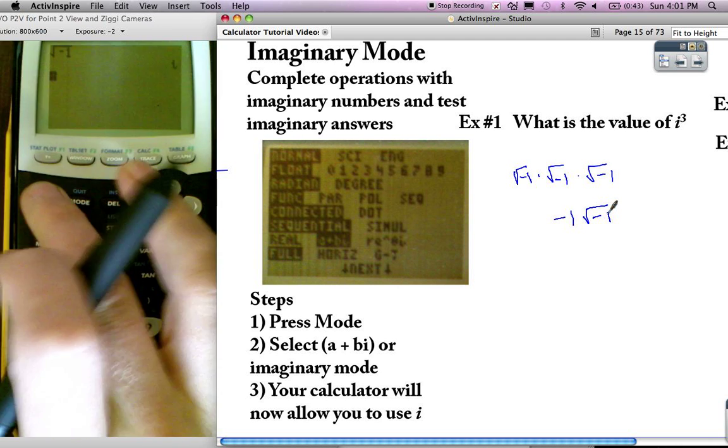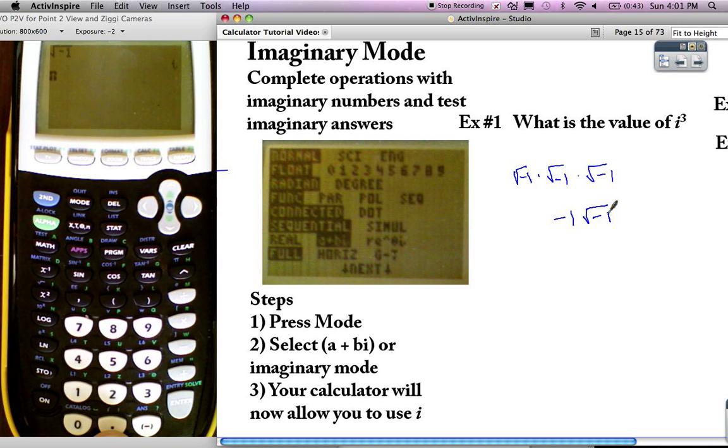On the calculator, my i button is down here, it's second, you have to look closely, and then I'm going to raise that to the third power. Notice I get -i, which is the same thing as -1 times square root of -1, or -1i.